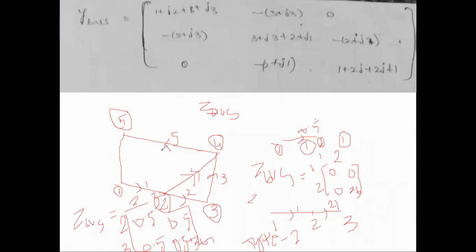This is step 2. Next we add element 3, element 4, element 5. After adding the elements we observe which type of modification is there, and then we write down the type name. After that we form the Z bus matrix by using these steps.